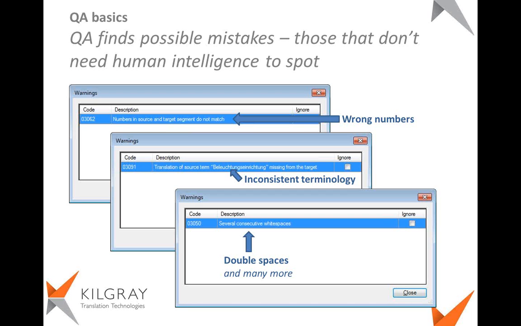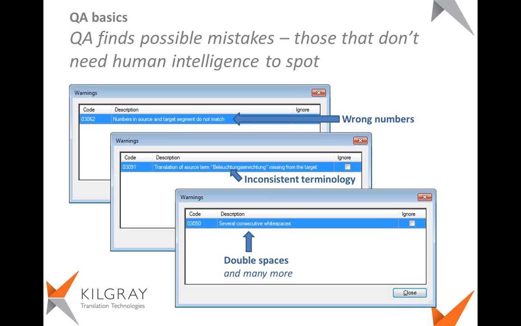You simply don't expect a computer to spot a wrong word order or wrong wording or problems with the style, because this is very much into the meaning of things, and usually a computer is unable to grasp it.